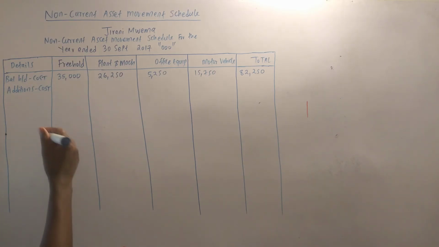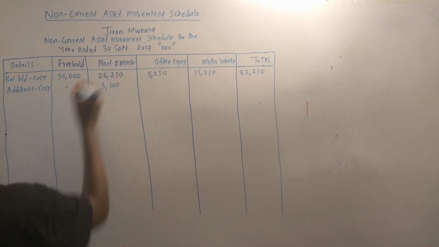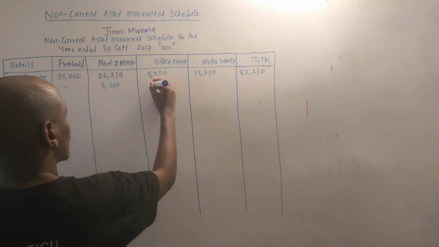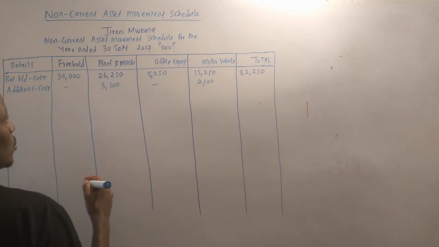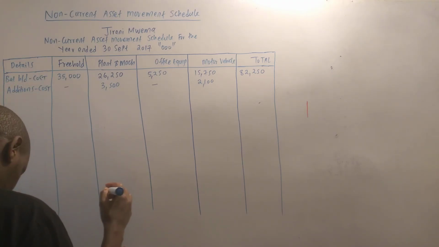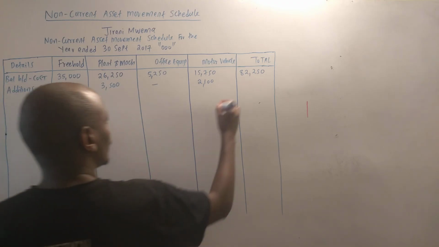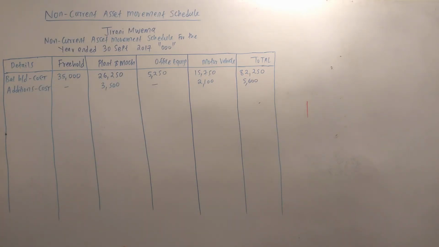We do not have freehold. We also have another one on 1st April, that is motor vehicle, 2,100. Then you add the total. When we add 3,500 and 2,100, that is 5,600.